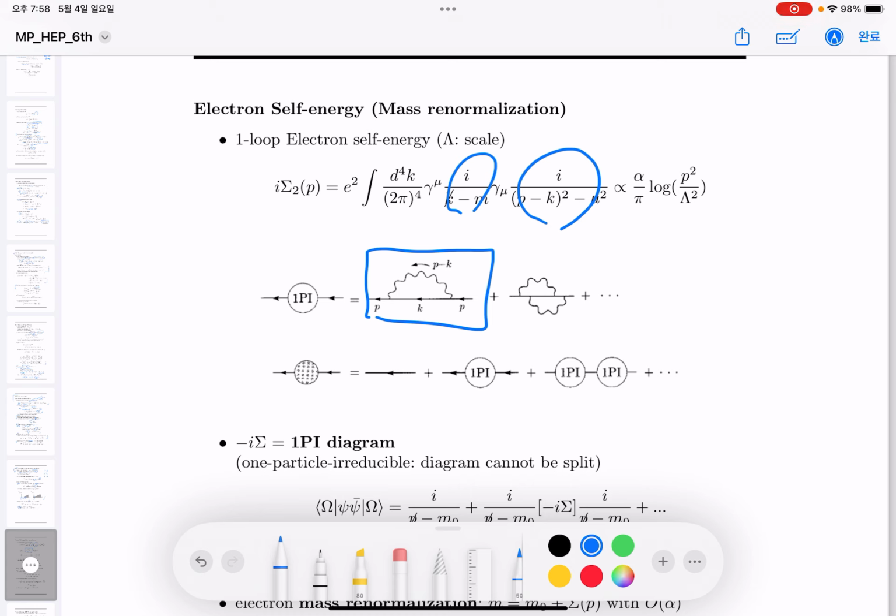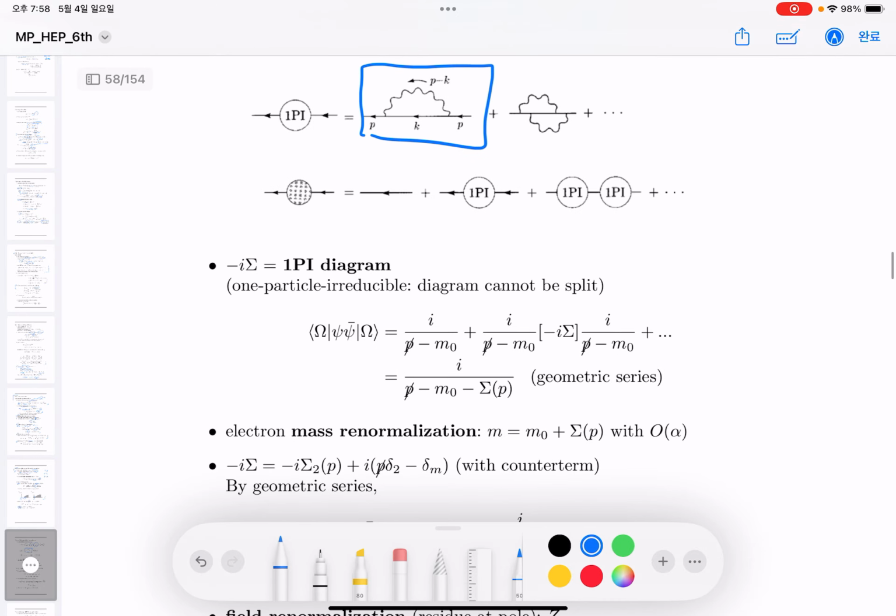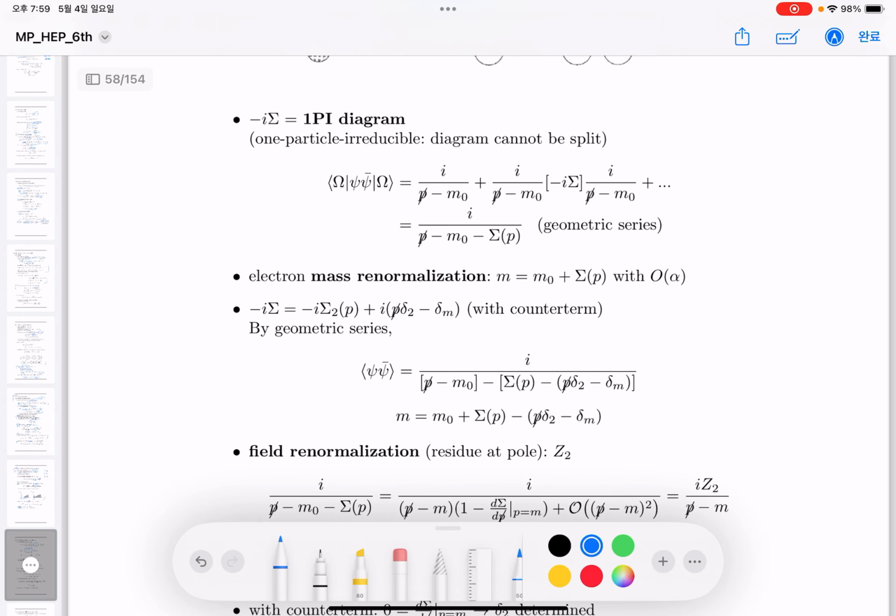And if we consider higher order possible loop diagrams, there is a one PI diagram, the so-called one particle irreducible diagram, which means that the diagram cannot be split, and the sum over all the one PI diagrams can be expressed by a geometric series. This gives the electron's mass renormalization.